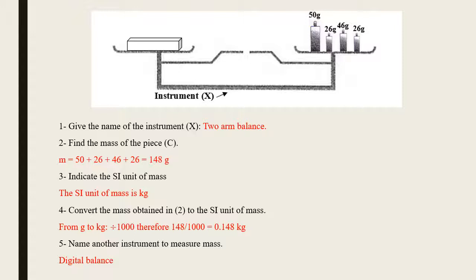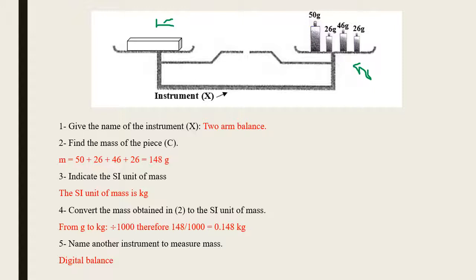Find the mass of the piece C. So we have to find the mass of this. Because the two plates are at the same horizontal level, these are the combined masses for this piece of clay.